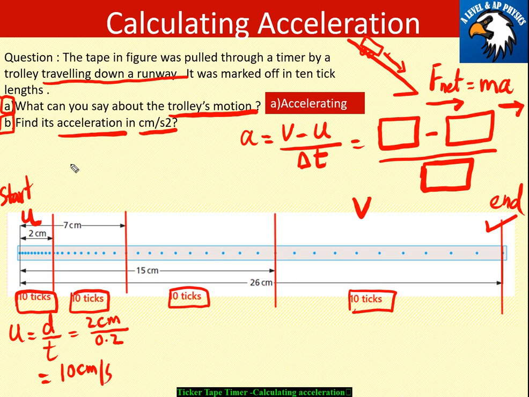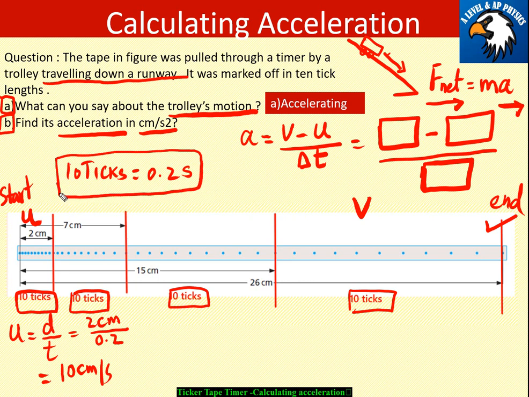Let me write down here: 10 ticks equals 0.2 seconds. If you're not clear about the concept of tick, you can go to my channel and watch the video on ticker tape timer. 10 ticks equal 0.2 seconds.